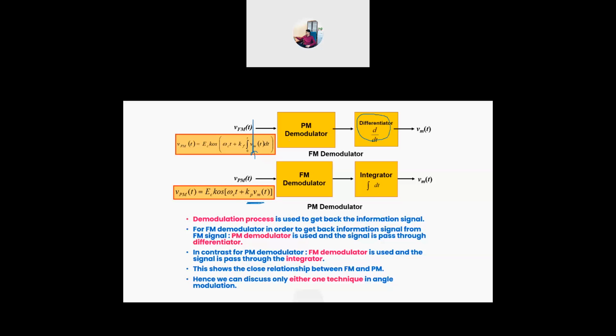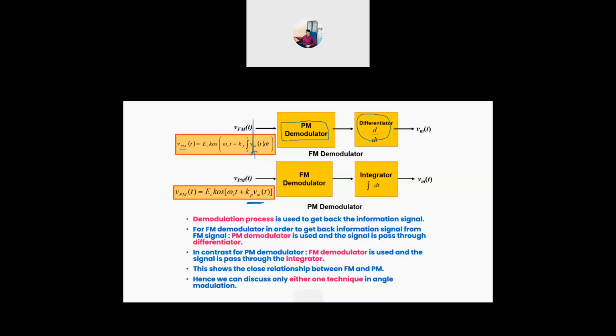So for VFM signals, if we go to the PM demodulator, we can see here at the generator part for the FM, we have a PM modulator at the generator. Then at the demodulator, we're going to have the same, but a PM demodulator.